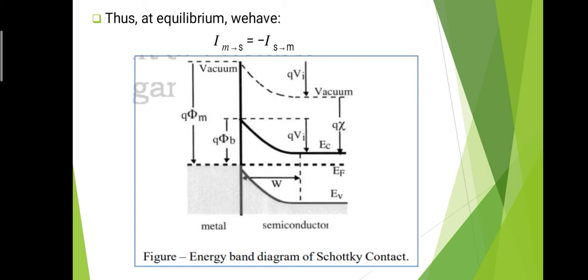So these are the two barriers, qVbi for the electrons which lie in the semiconductor, and q phi b for the electrons which lie in the metal. So this is the energy band diagram of the Schottky contact.